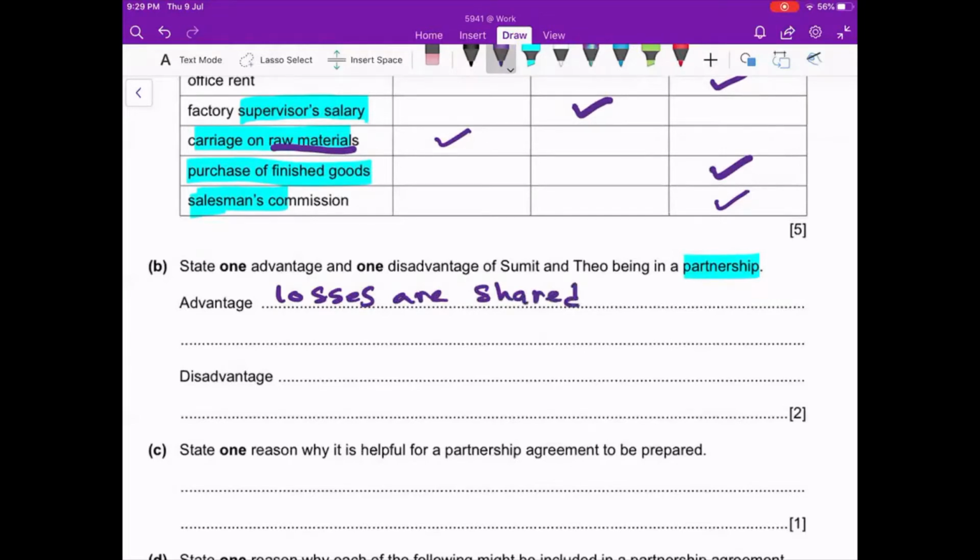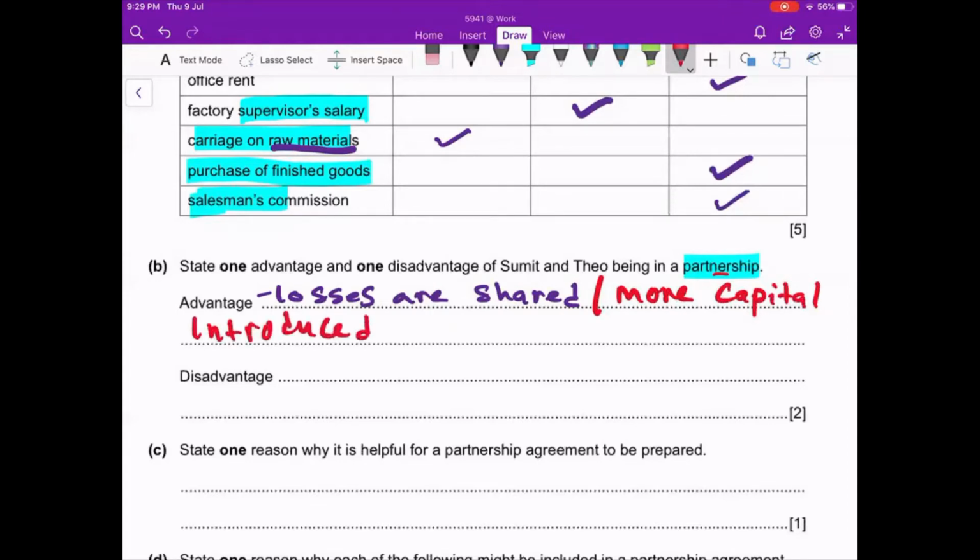This is one. I would like to give you another one. In IGCSE just give one, but now I give you an extra one. Another answer we can write is we have more capital introduced to the business.